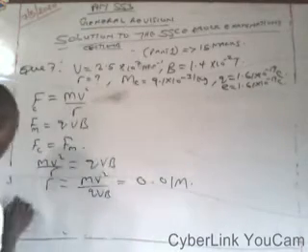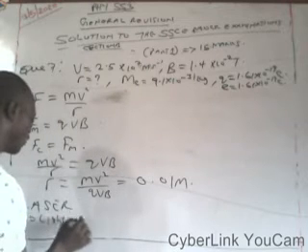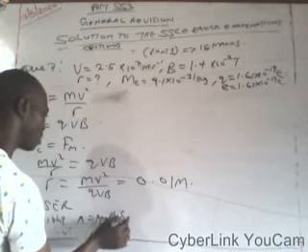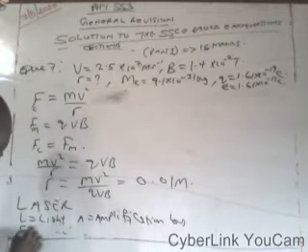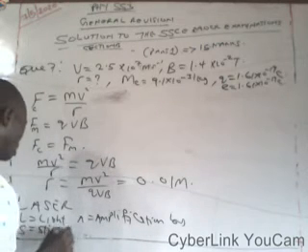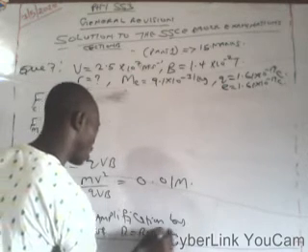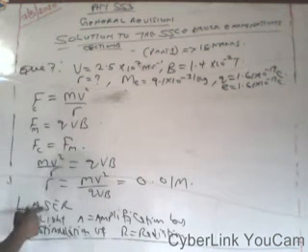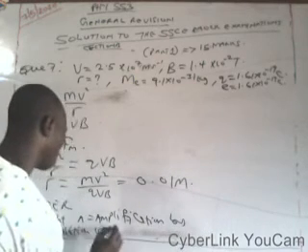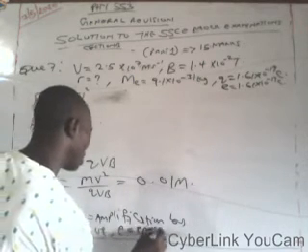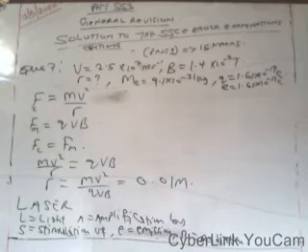L stands for light, A for amplification, S for stimulation, E for emission and R for radiation.